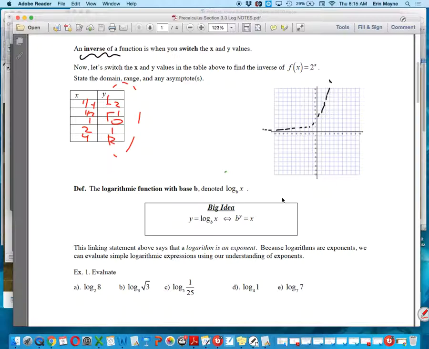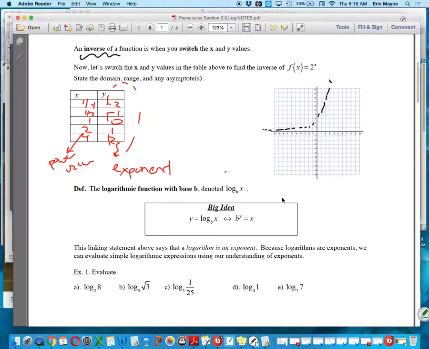So before I was inputting the exponent and getting a value out. But now, the exponent is coming out. I'm inputting some sort of power value, and I'm getting the exponent out.